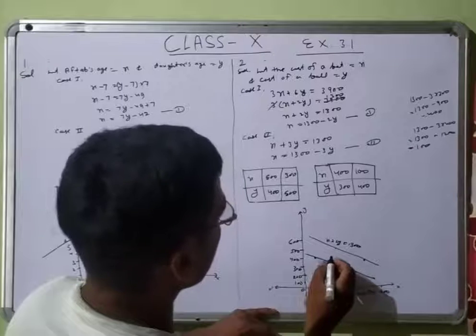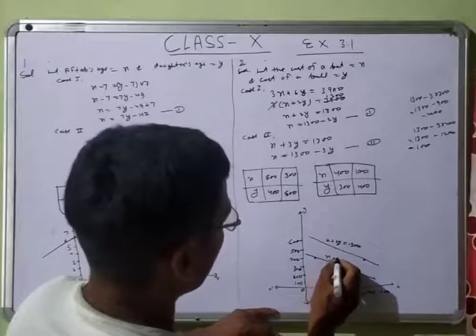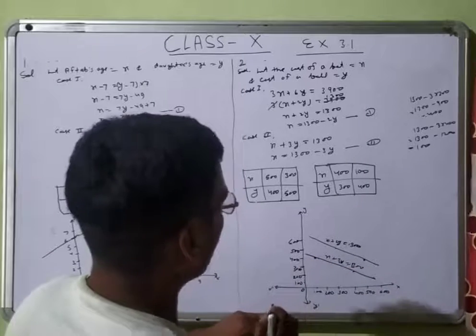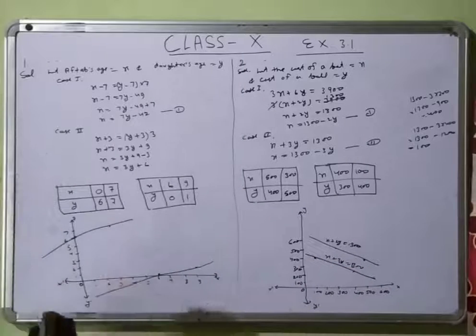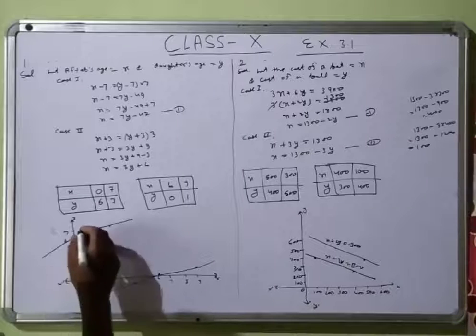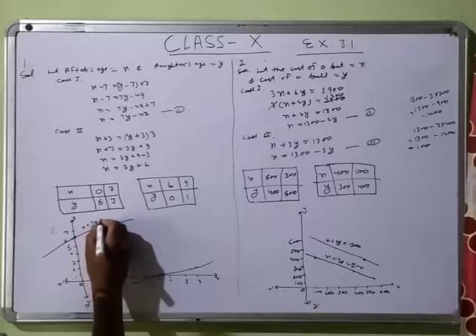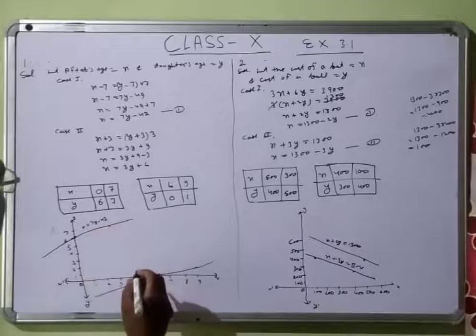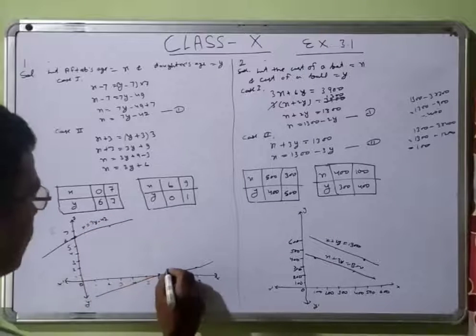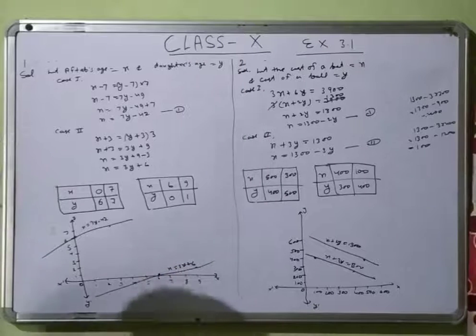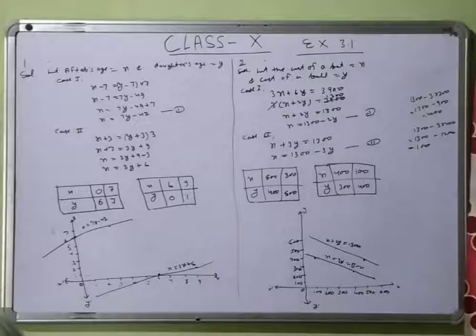That equation is x plus 3y is equal to 1300. Okay, here also you can write the equation. This for first, x is equal to 7y minus 42, and this for second, x is equal to 3y plus 6, right?